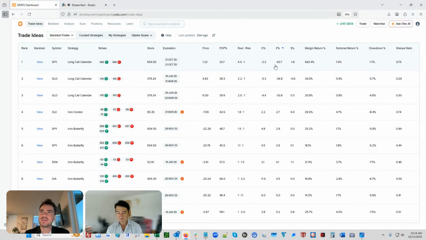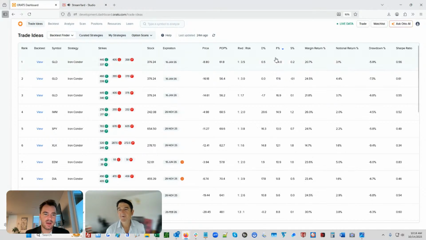Yeah, the way I like to see it is, it's really hard to find alpha in the market, and what ORATS helps you do is find alpha at every step of the way in the trading journey. So this is the option scanning portion of the trading journey. If you've identified a strategy and a symbol that you like to trade, and even gone past that and identified the best entry and exit times and the signals to enter, even at that point there are still hundreds of trades to choose from.